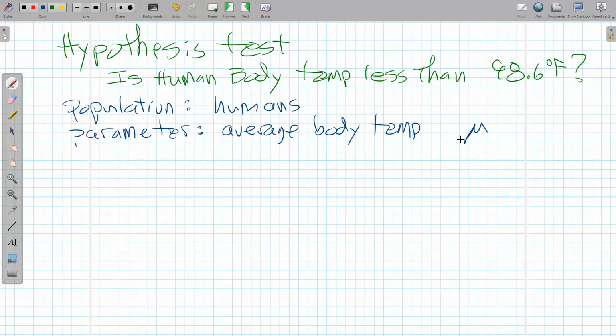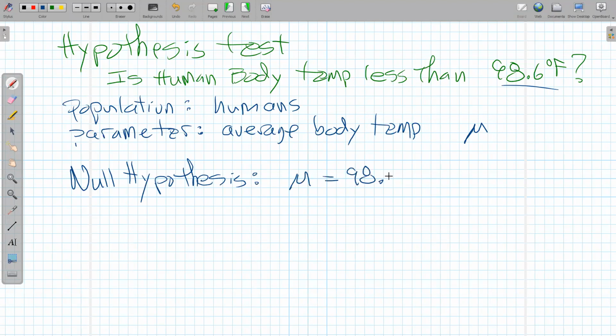So mu is the symbol for my population parameter, the average human body temperature. And the belief is that it is 98.6, and that is what we call a null hypothesis. What we're going to try and do today is distinguish how we identify what the null hypothesis is. So my null hypothesis would be that mu equals 98.6.